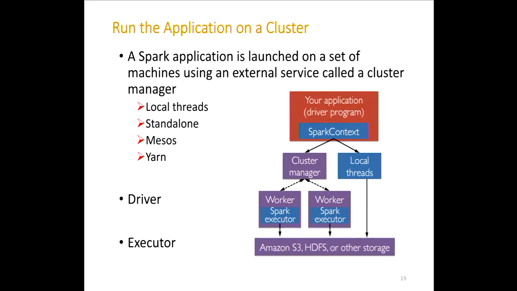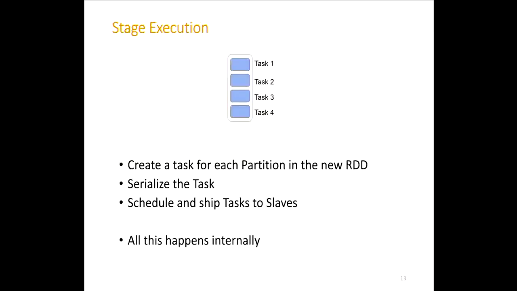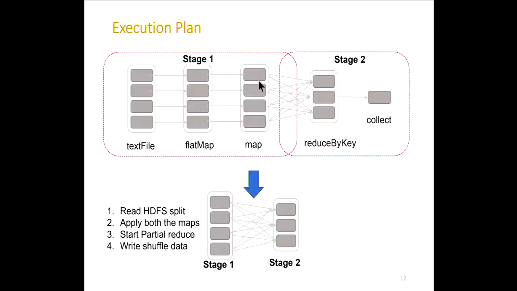And these execution plans happen in one machine. So this can happen on one machine: text file loading on the RDD, flatMap on that partition of the RDD, map on that partition of the RDD. This can happen on a single machine.